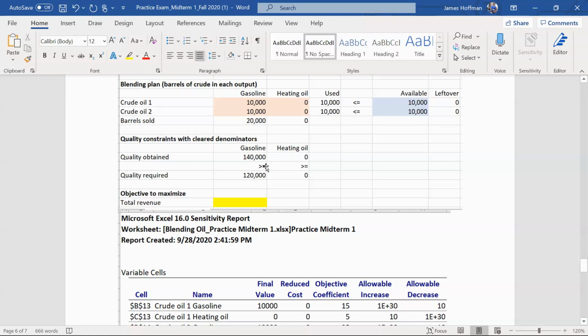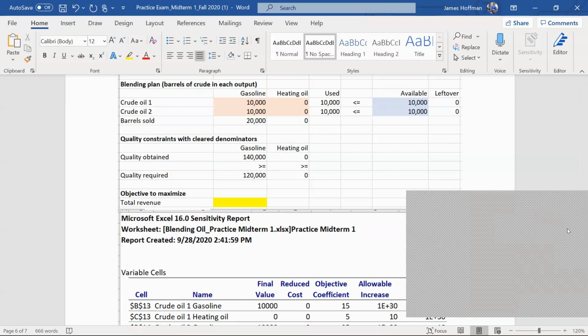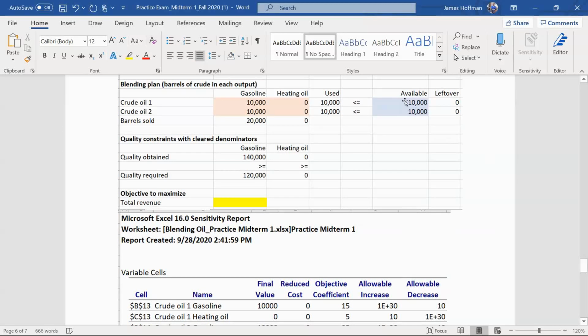Think of it as normally the things are less than, so normally this is the maximum. Like for this one, you can see that we used all 10,000, and this one, we used all 10,000. So this one really has to be binding because this is the quality we have to receive, or we have to match. So we had to get at least 120,000, but we exceeded that.